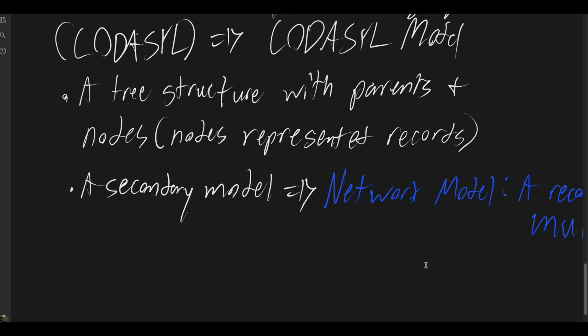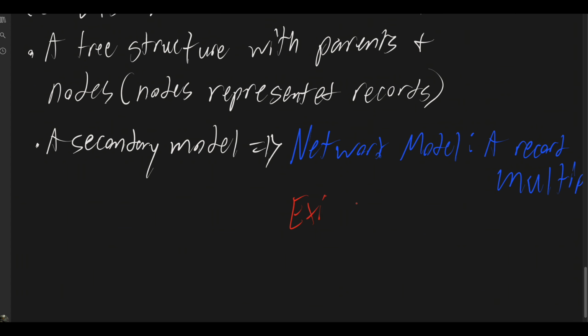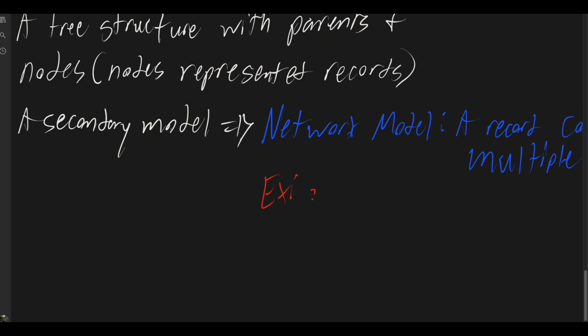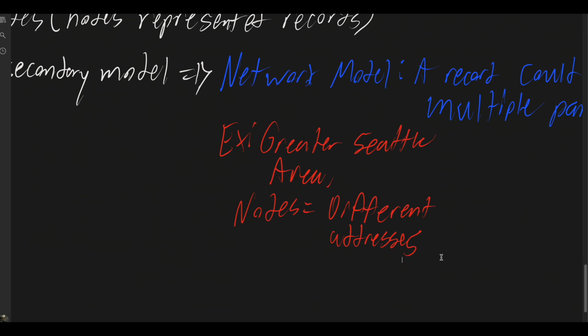For example, the network model could also be applied to the greater Seattle area. The greater Seattle area would be the parent, and the nodes would equal different addresses. And every user who lived in that region would be linked to it.